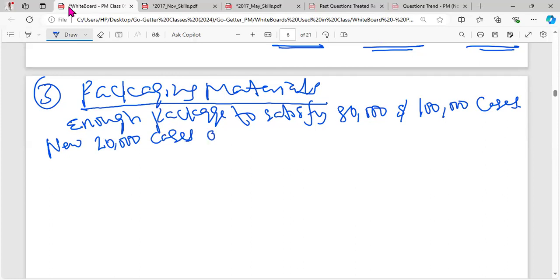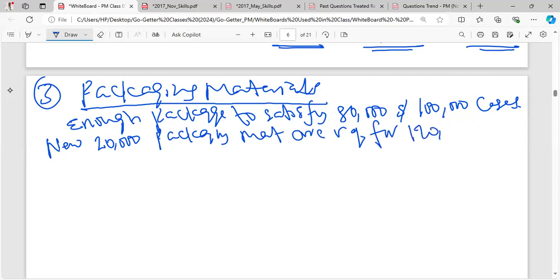New 20,000 packaging material. Packaging material are required for 120,000 cases.